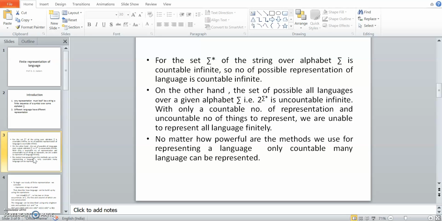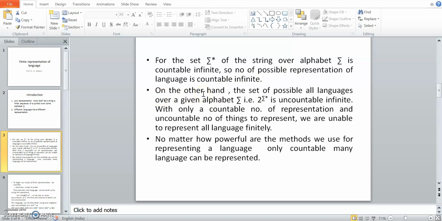Suppose, for a given alphabet set sigma, sigma star, the set of strings over alphabet sigma, is countably infinite. So the number of possible representations of a language is countably infinite. As we know, there are different outcomes of the given alphabet set, and that may be uncountably infinite strings.